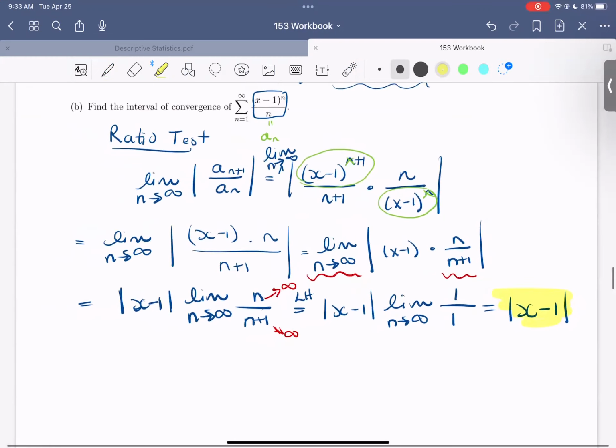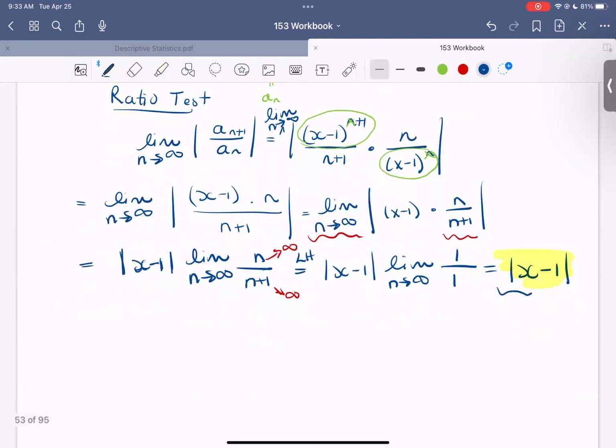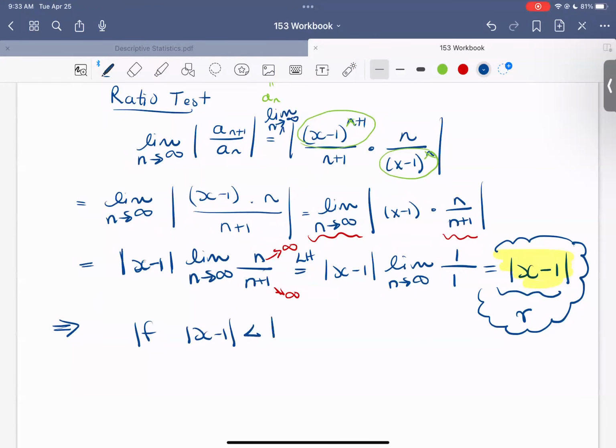Now let's recall the ratio test tells us that if this limit is less than 1, then our series converges. So this is that R that we get in the ratio test. This means if the absolute value of x minus 1 is less than 1, then the series converges.